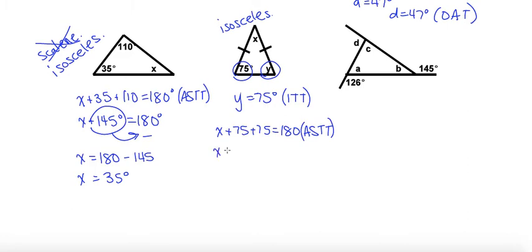So I'm going to add these up. So 75 plus 75 is 150. That's equal to 180. I'm going to subtract 150 when I bring it over to the right-hand side. So x is equal to 180 take away 150. So x is equal to 30 degrees.